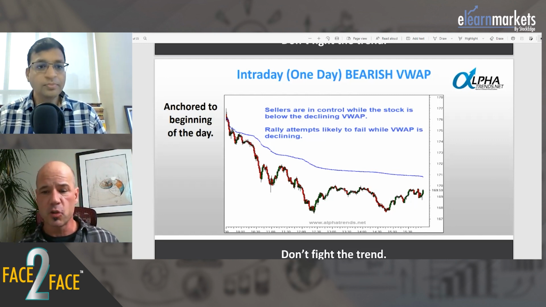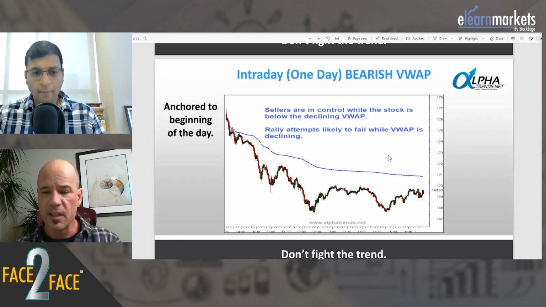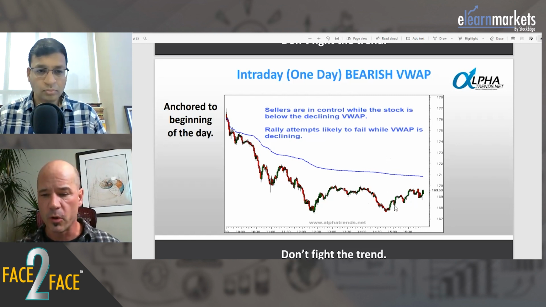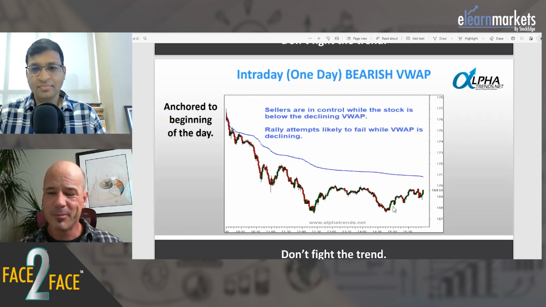The average price it traded at, the arithmetic mean, is 170.95. If they came back to me and said, hey, we sold your order at 166.50 or 168.50, I'd be like, man, that's $2 below the VWAP. You guys, what are you doing?